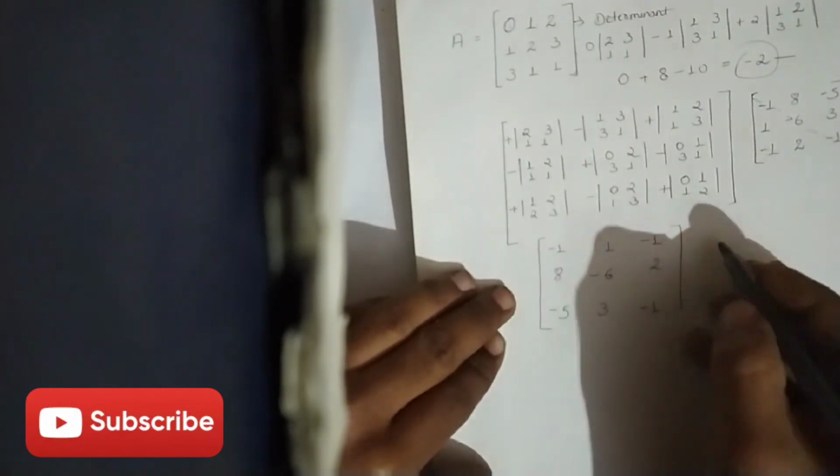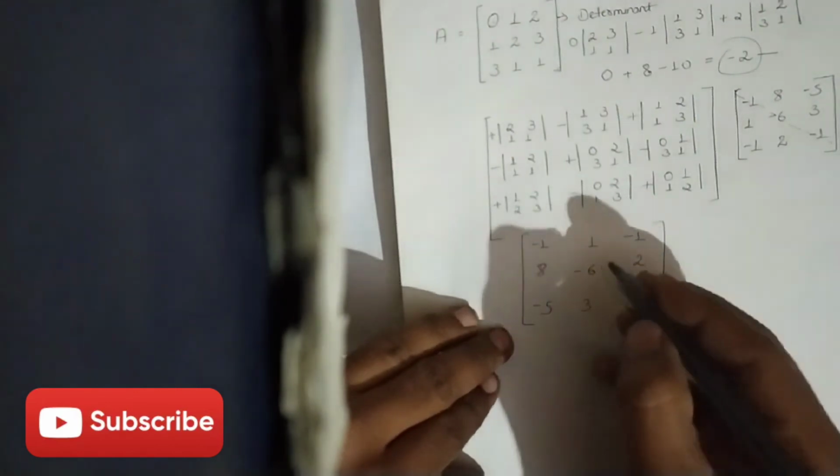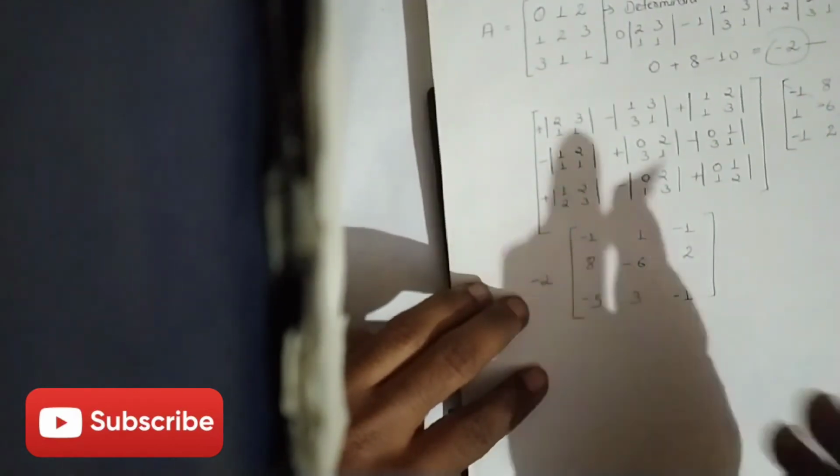And the last and final thing that we have to do is divide this matrix by minus 2. That's it.